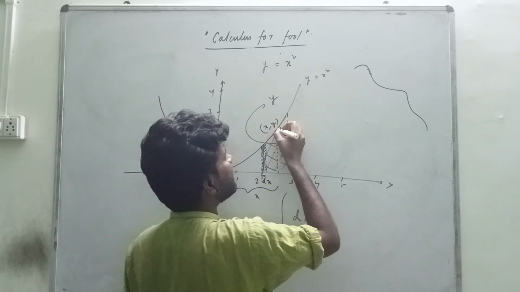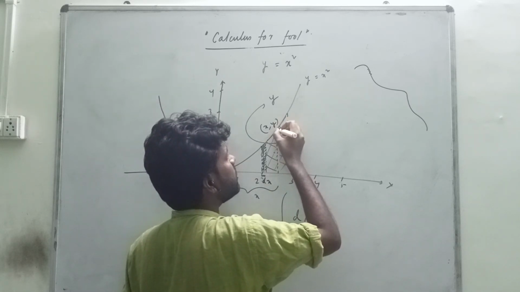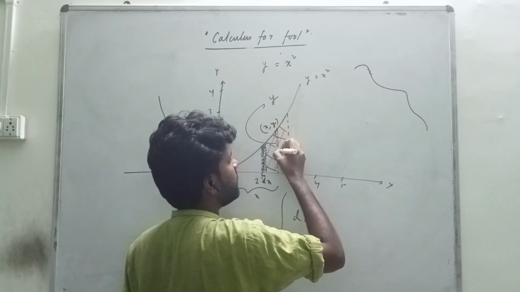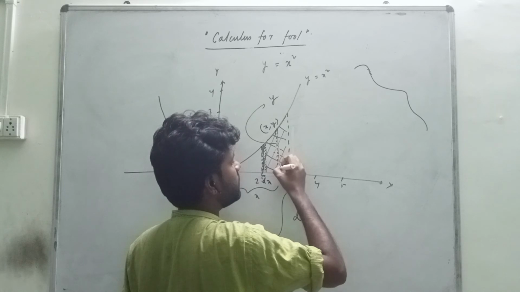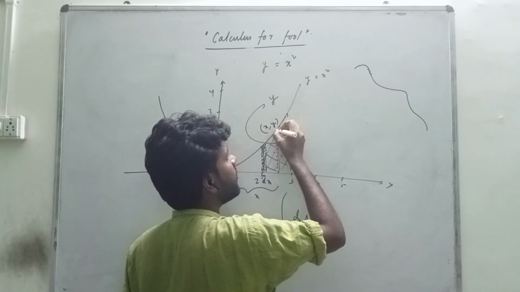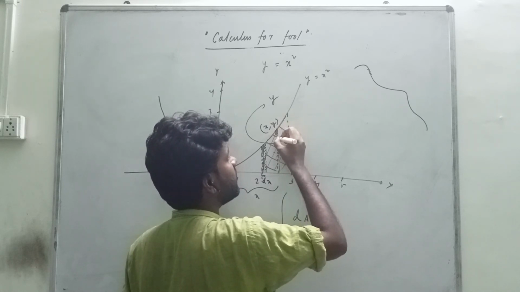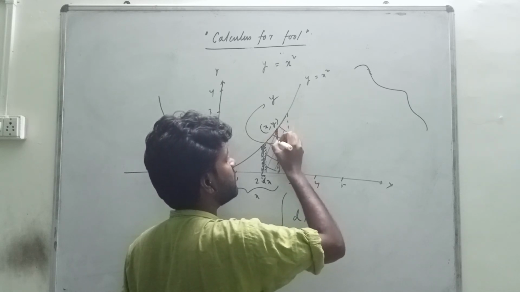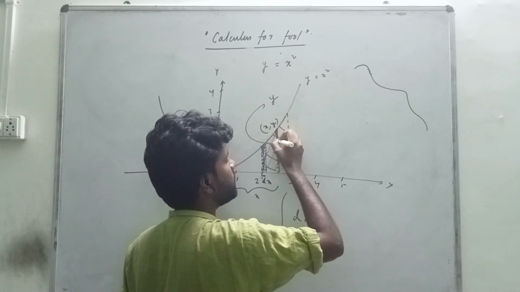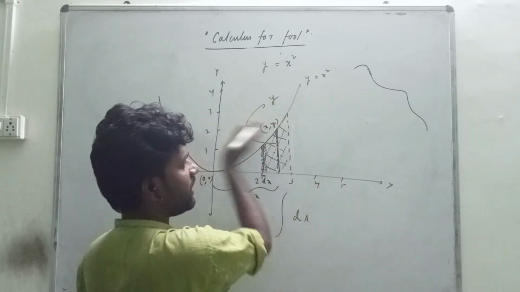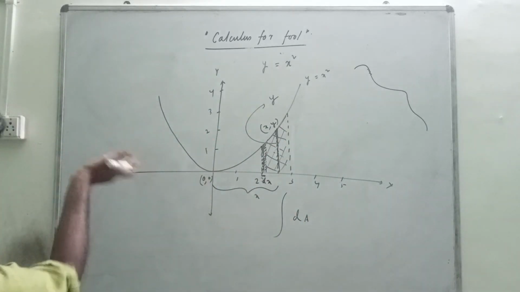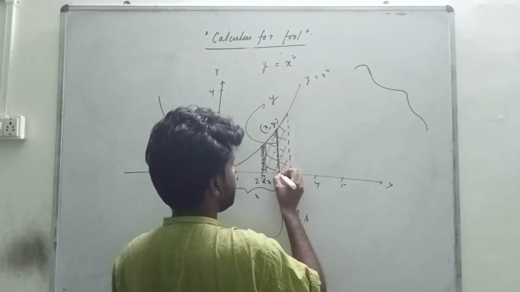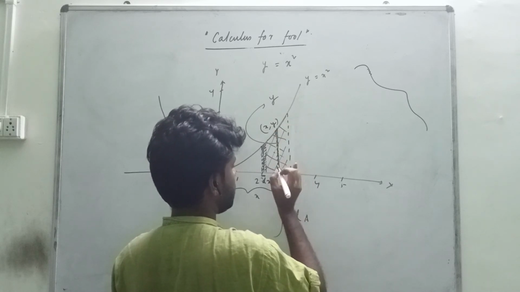And just take a consecutive point here, right? If you take the consecutive point, you will get a straight line here. And of course the area of this small piece, as I calculated in the previous case, is y and dx.